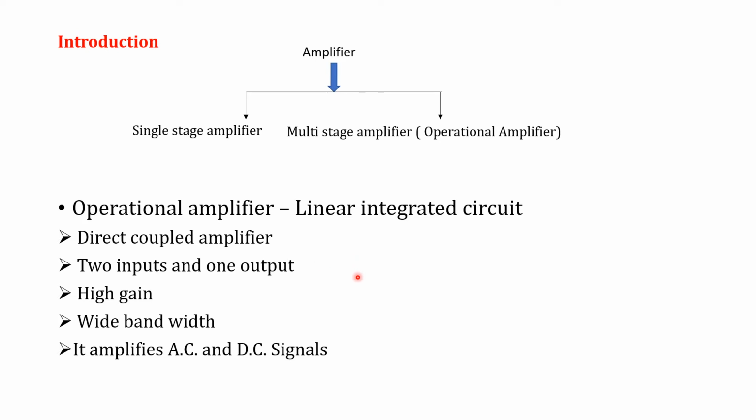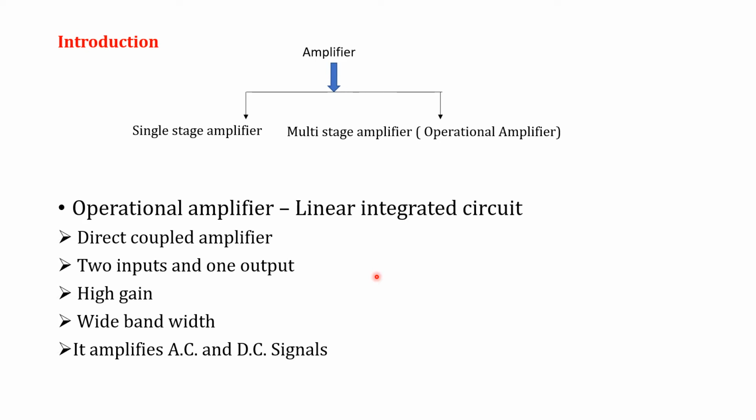Nowadays, operational amplifiers are available in the form of integrated circuits, and they have advantages like very small size. It eliminates the complex wiring, and the cost of the component is very low.